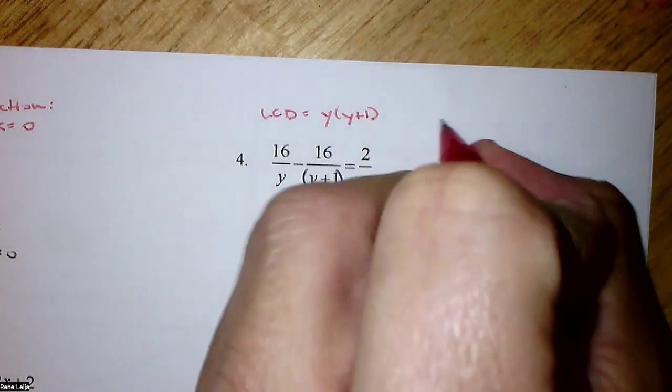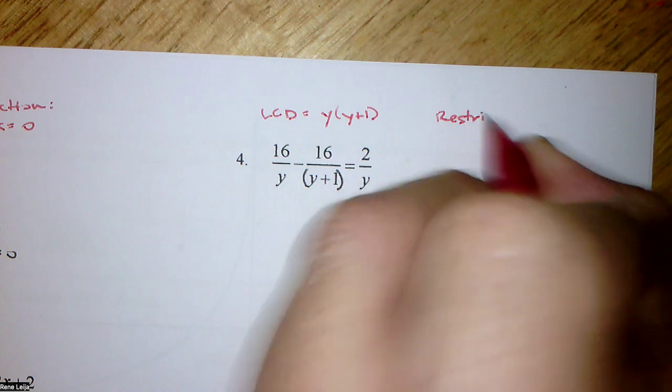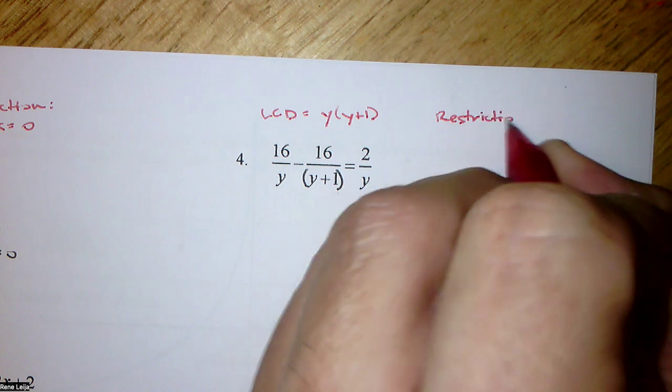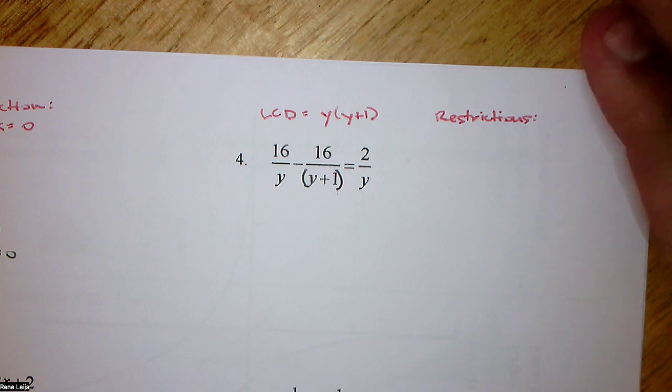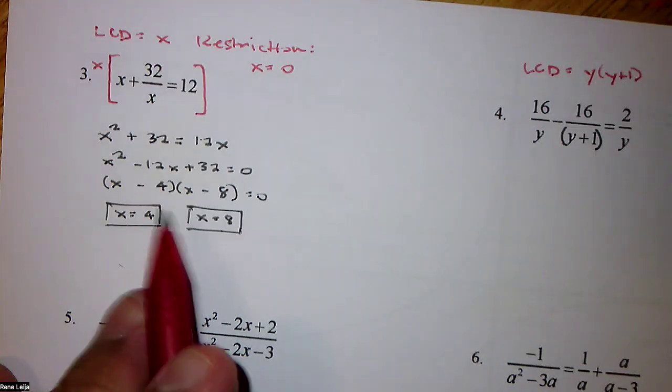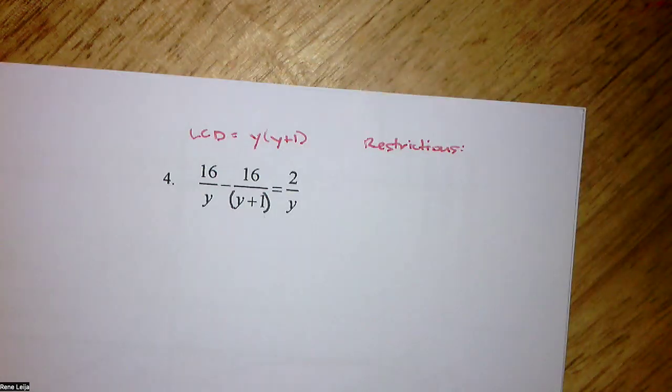Okay, now for our restrictions. Now, I have two factors. I'm multiplying these two terms together, so I'm going to have two restrictions. This is just like when you solve a quadratic. When we do this over here, we have to set each factor equal to 0 and solve. That's the exact same thing that you're doing.